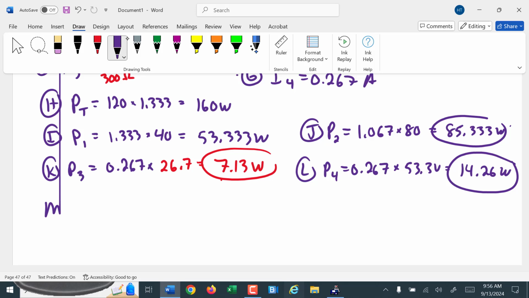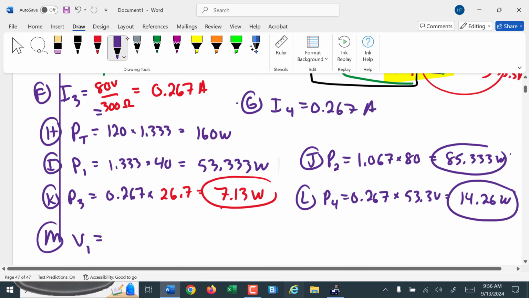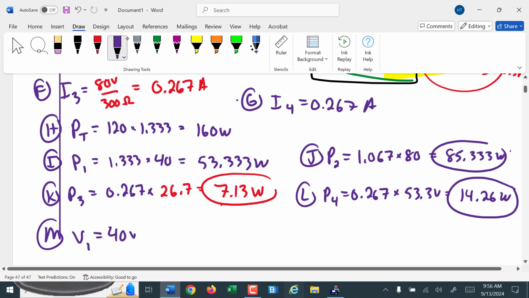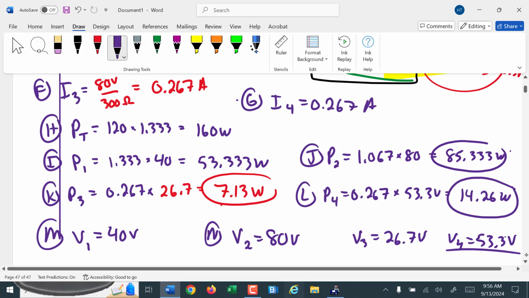I'm at M. Voltage across 1, we've already found that to be 40 volts. N, voltage across 2, we already found that to be 80 volts. Voltage across 3, we just found to be the 26.7. And voltage across 4, we found to be the 53.33. Any questions on that one?